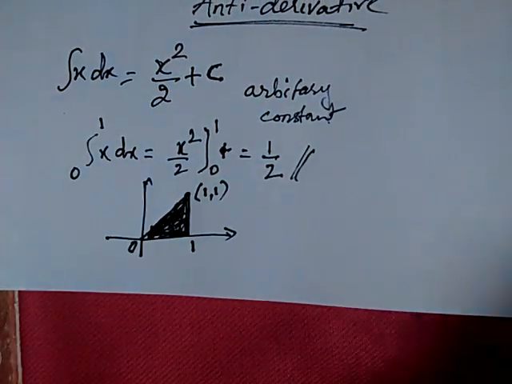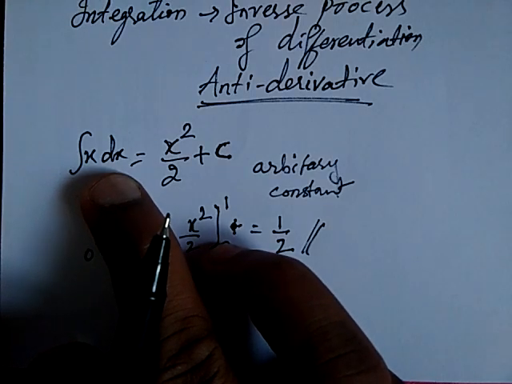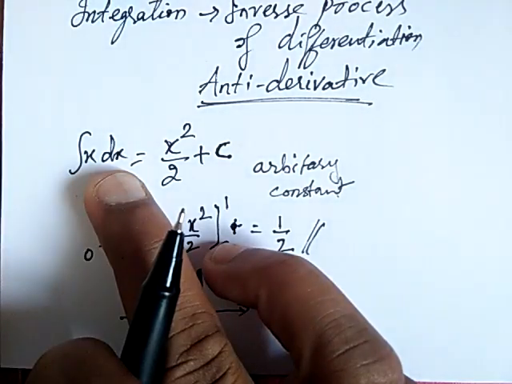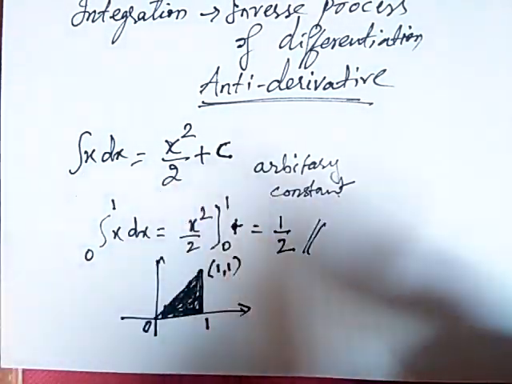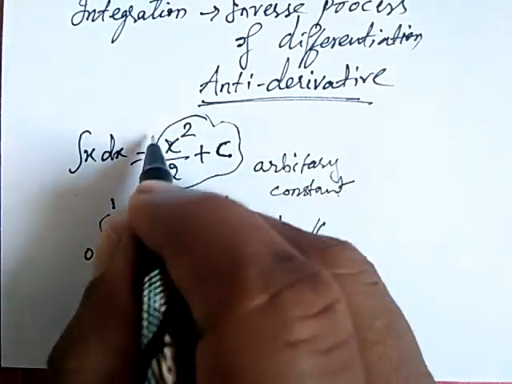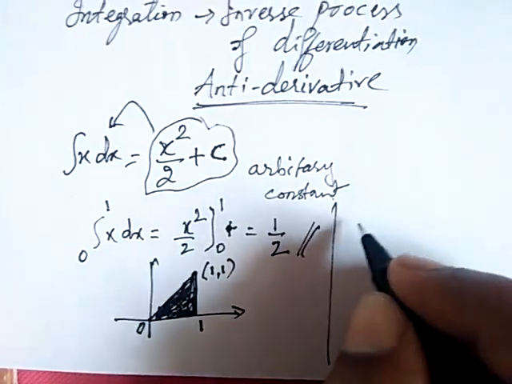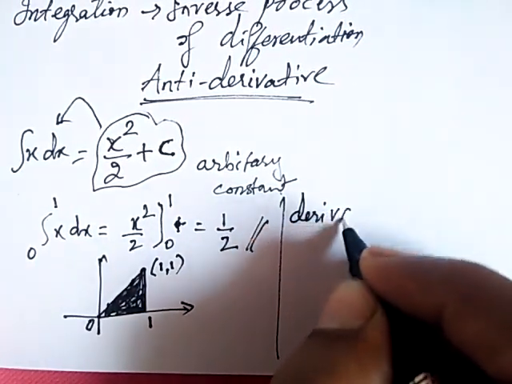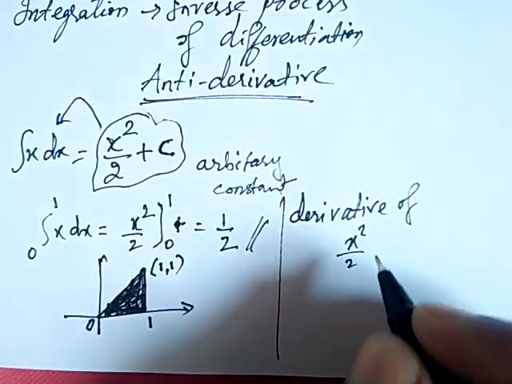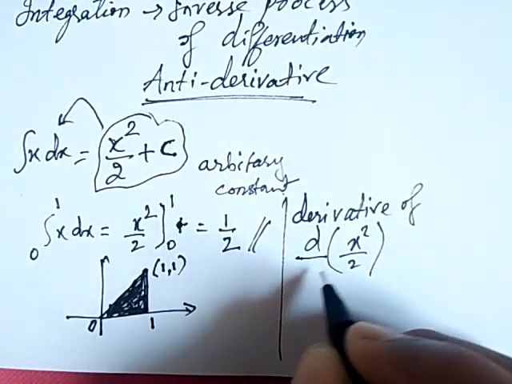Okay, so the integration of x with respect to x is x square by 2 plus c. Suppose I solve this again, you will get the derivative. Now take the derivative of x square by 2, d by dx.